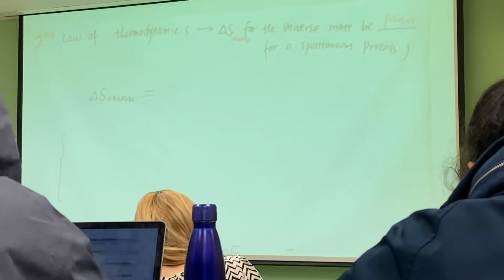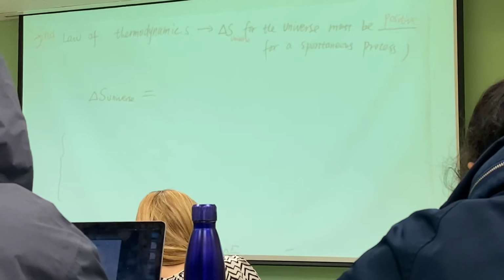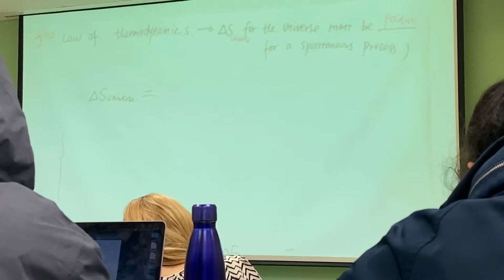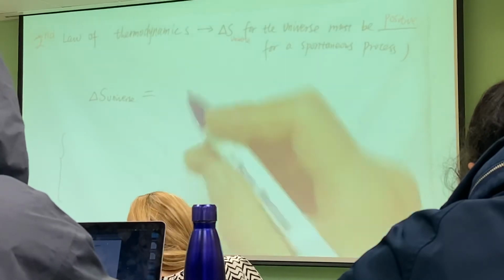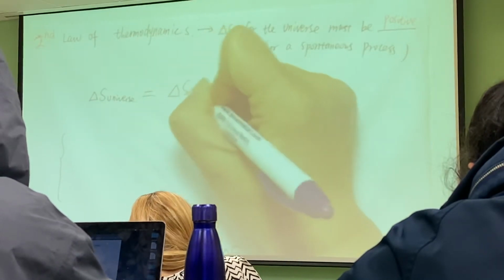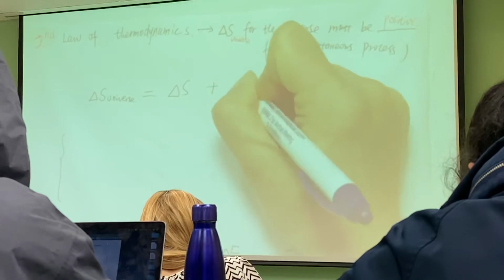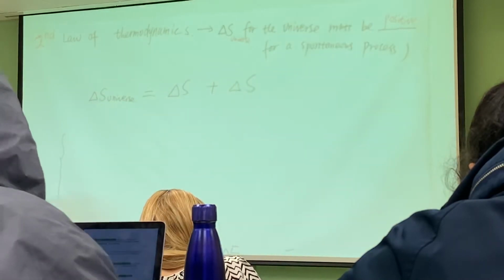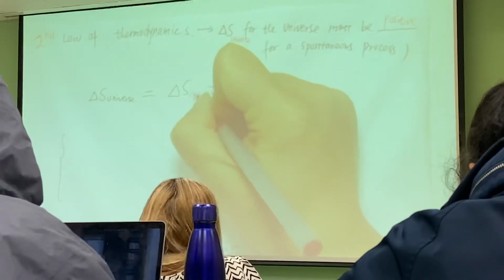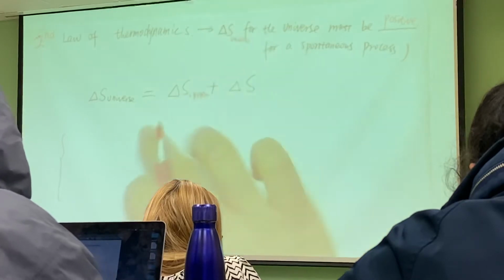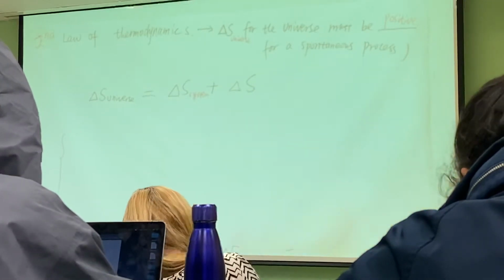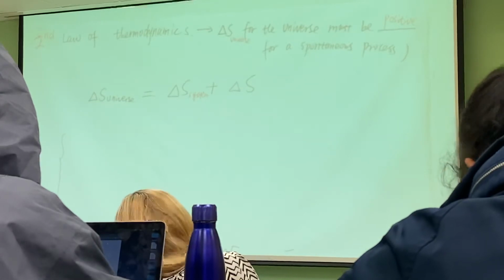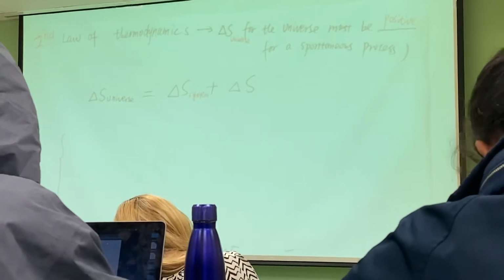And same definition as delta H universe, the delta S universe also equals delta S system plus delta S surrounding. So no matter if it's delta S, delta H, or later on delta G, we only have two parts for our universe: the system and the rest of it.